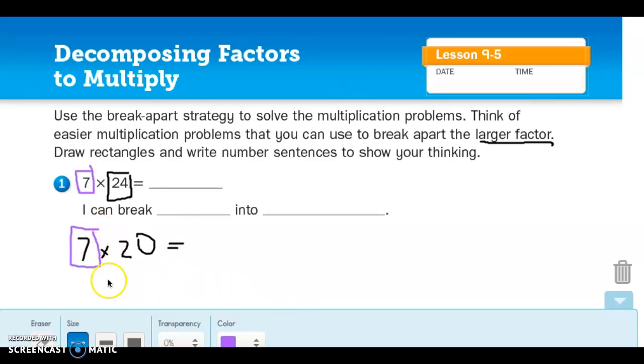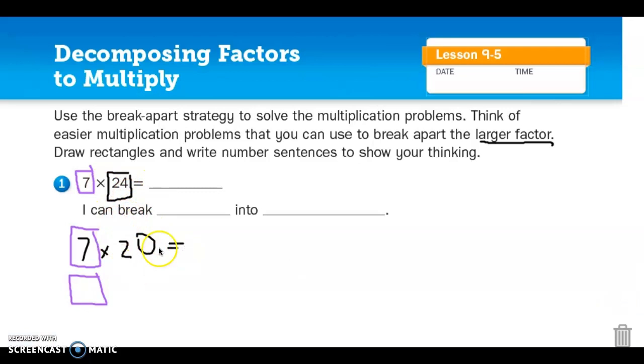Now I'm going to do 7 times what's remaining. Well, 24 take away 20, 4 would be left. So I have chosen to break apart my 24 into 20 and 4 because 20 plus 4 equals 24.